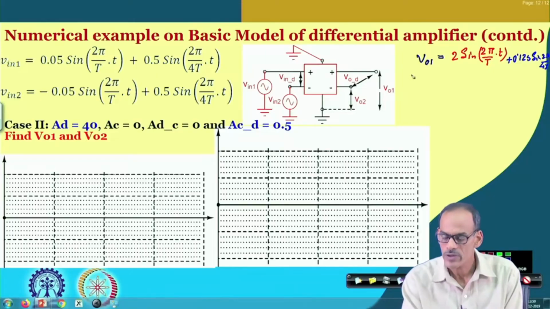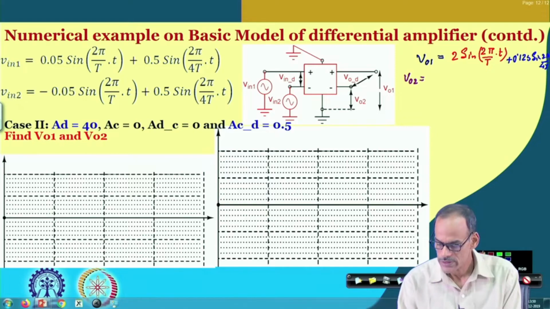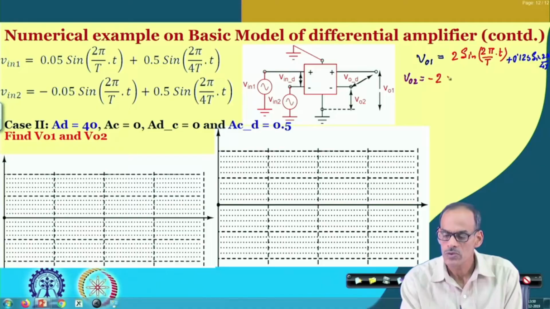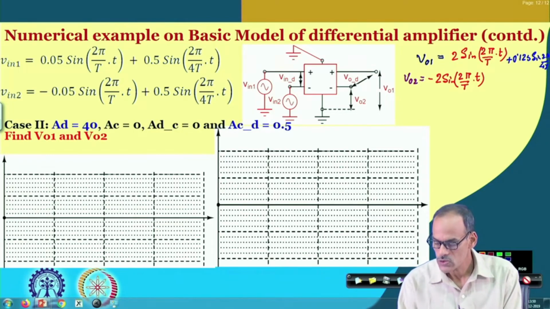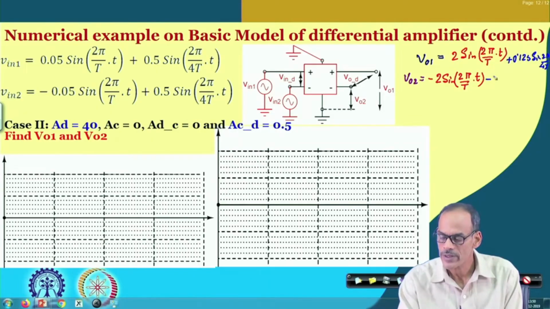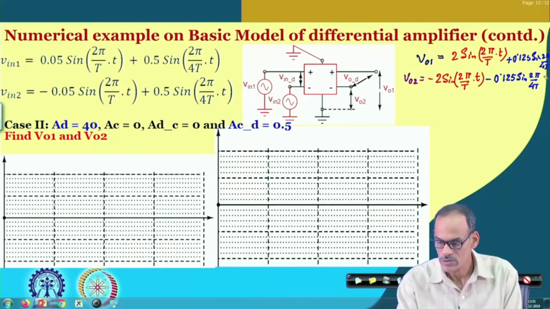Likewise, if we consider VO2, that has minus 2 sin 2 pi by capital T into small t, and also this unwanted part, which has a minus sign, 0.125 sin 2 pi by 4 capital T into t.